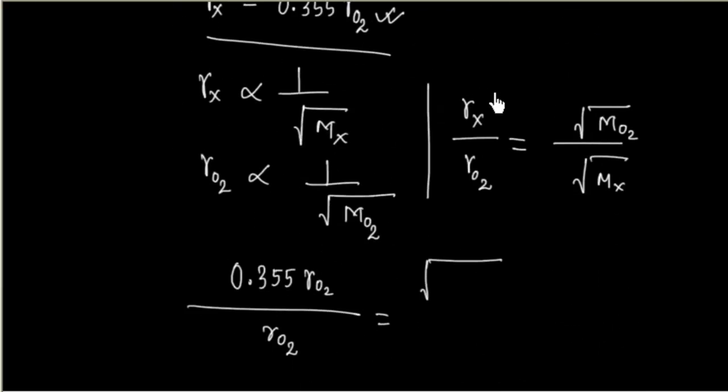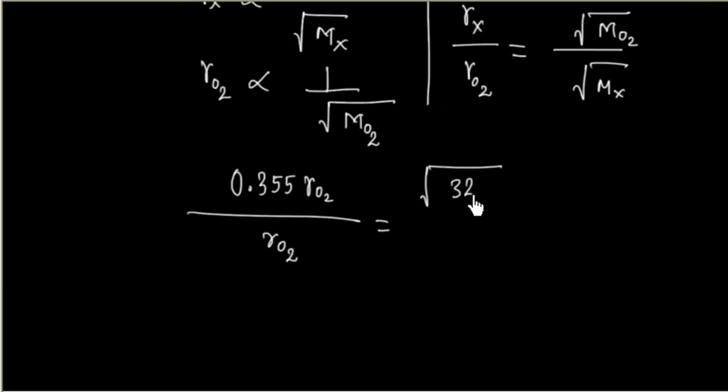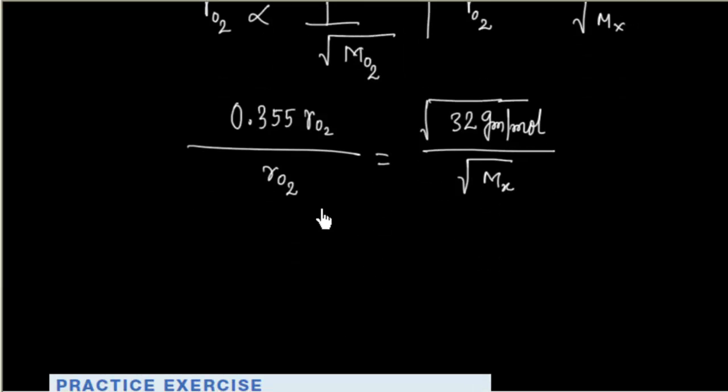Oxygen is 32 gram per mole, and the molecular mass of the unknown gas is what we have to calculate.